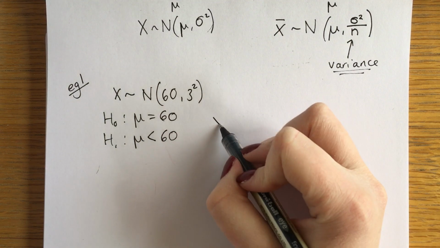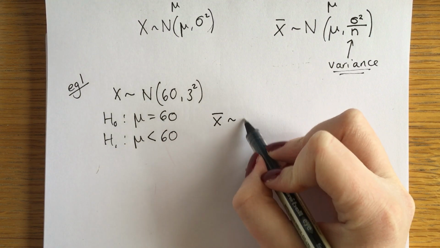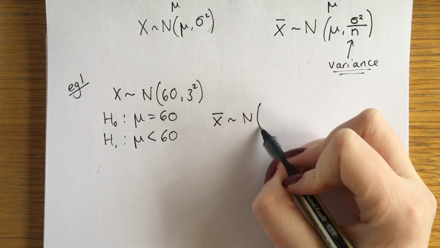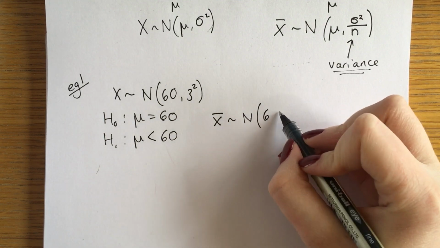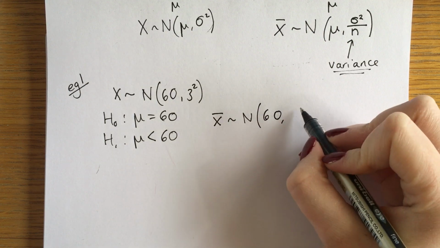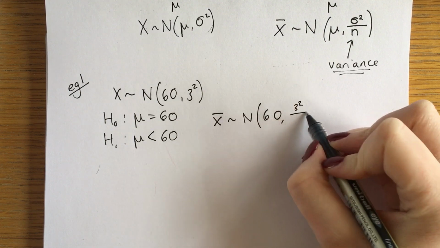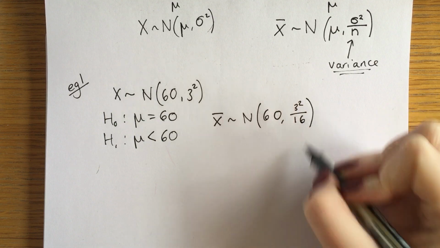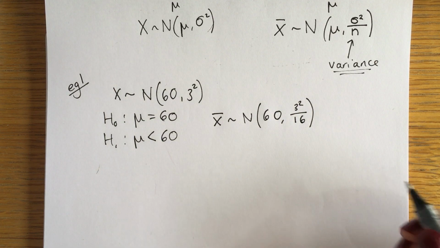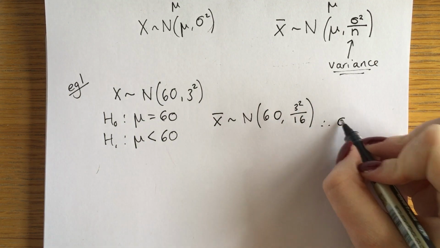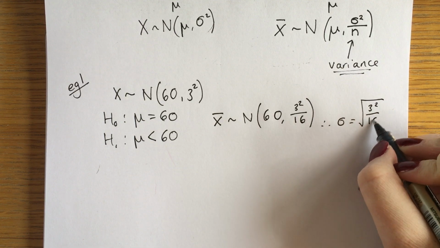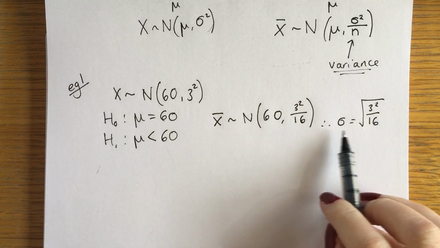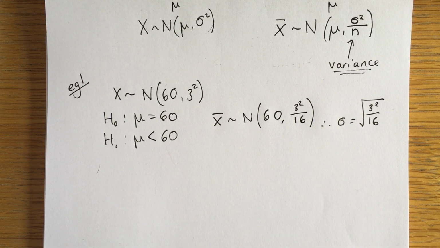So I need to assess the means. So the means should all be normally distributed with a mean of 60 and a variance of 3 squared over 16. So therefore our standard deviation is the square root of 3 squared over 16. So we need to remember that for our calculator.